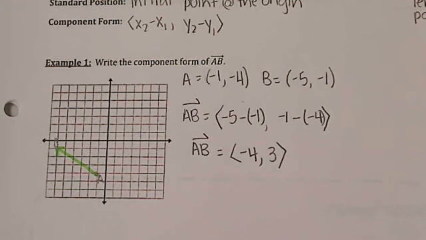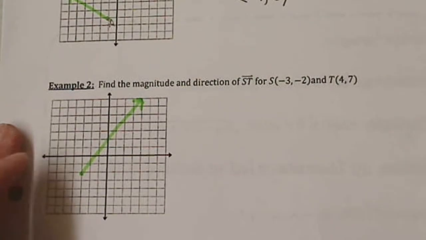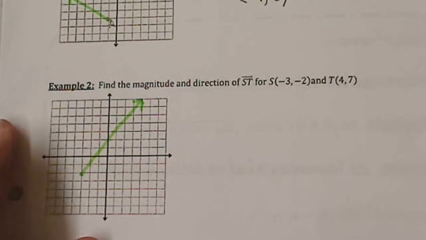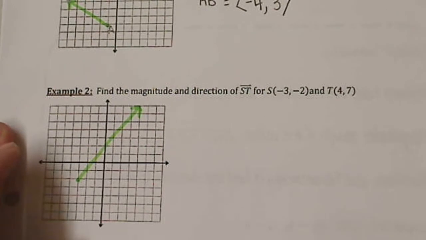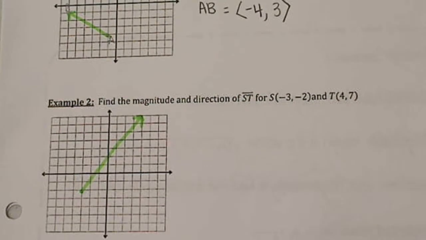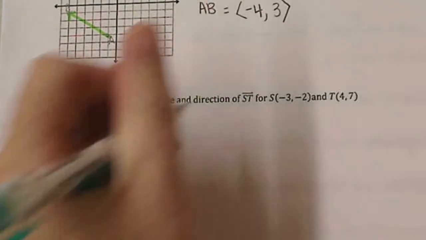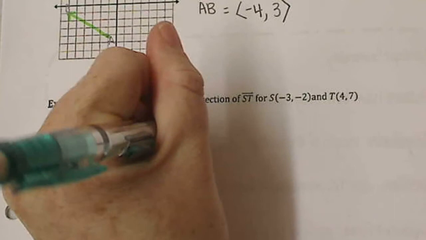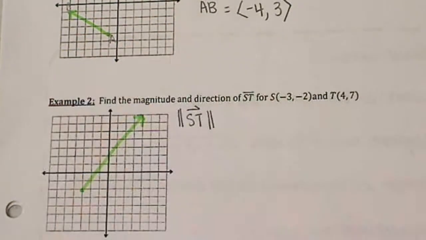Okay. Example 2, we're going to find the magnitude and direction of ST. I'll go ahead and let you plot ST on your graph. And remember, magnitude is length, so we're going to be using the distance formula.